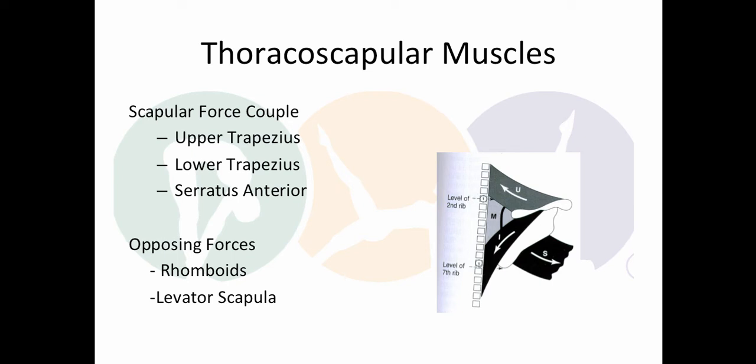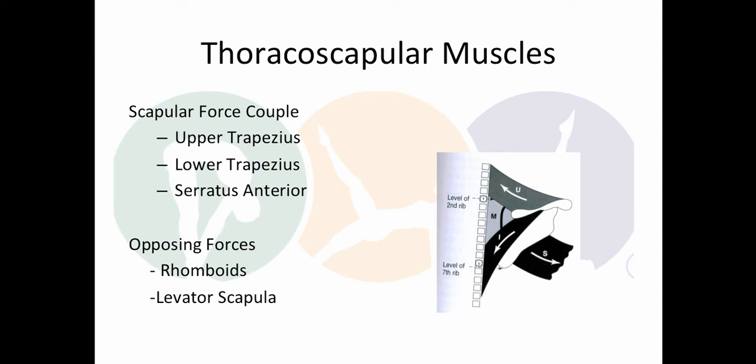Now, what happens in the forward head posture is that the levator scapula becomes very, very powerful and short. And that levator scapula attaches to the medial border of the superior angle of the scapula, and it is actually causing downward rotation of the scapula. So there are two opposing forces to this good couple, I call them the good guys, that are rotating the scapula upward.